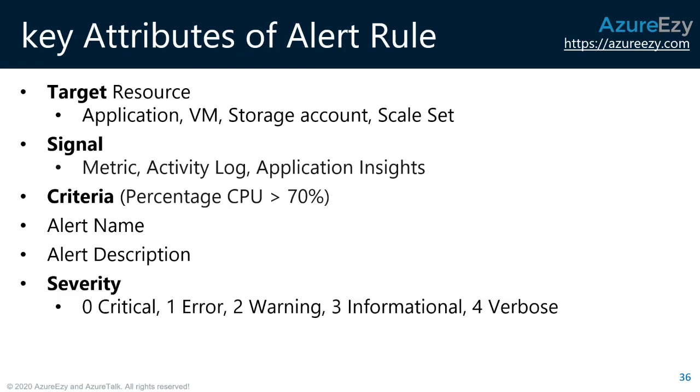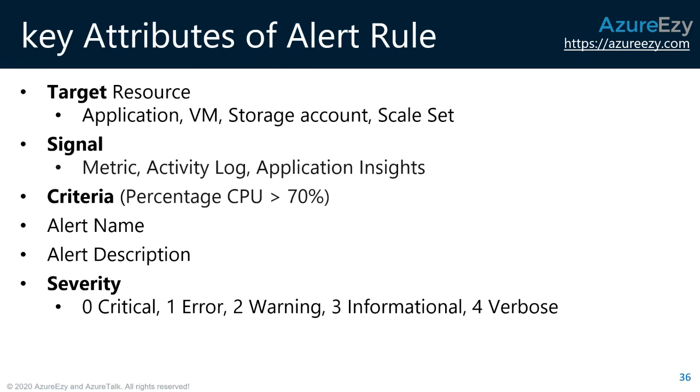Then you can also specify the severity, and we have 5 severity levels starting from 0, which is critical, to 4, which is verbose: 0 critical, 1 error, 2 warning, 3 information, 4 verbose. So you can specify that if this kind of alert happens, we want to nominate it as critical, or as a warning or information.